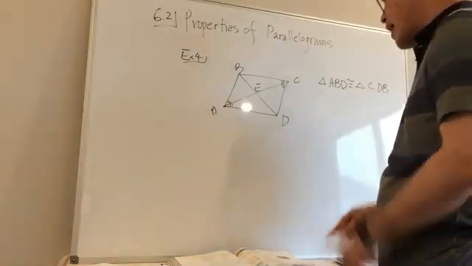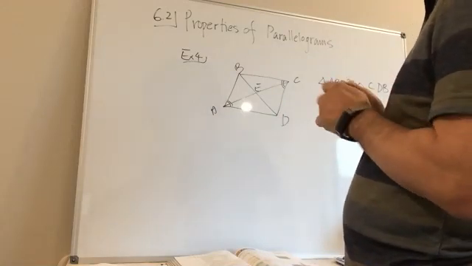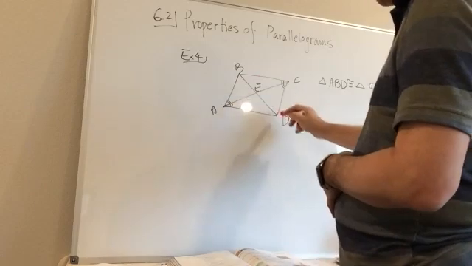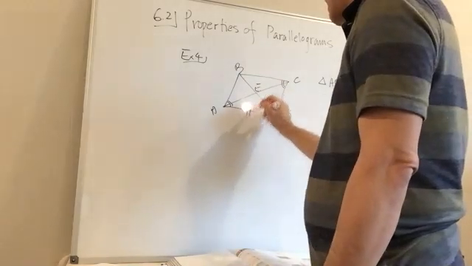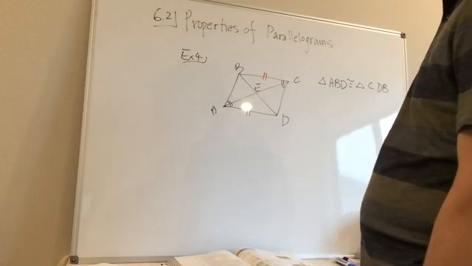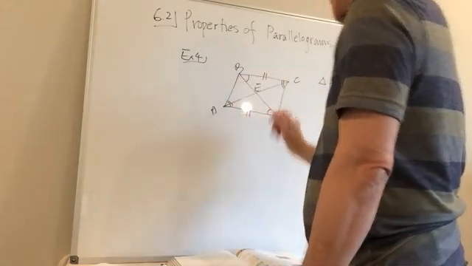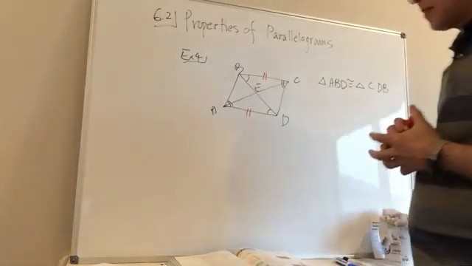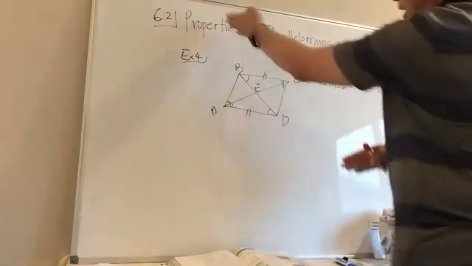So let's see if we can prove that. We can prove that by using what? This line is the same, right? This line is the same. But I also know, since it's a parallelogram, this guy and this guy are the same, right? I can also prove that this angle and this angle are the same. Can anybody tell me why those are the same? These are parallel, and I'm cutting through them.